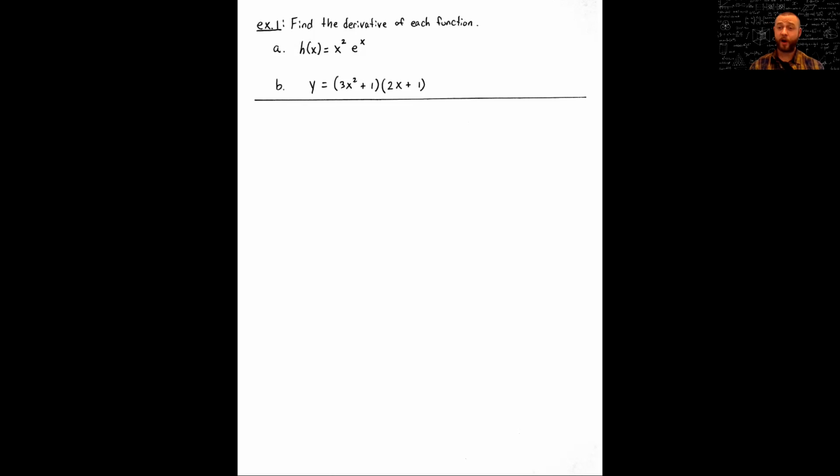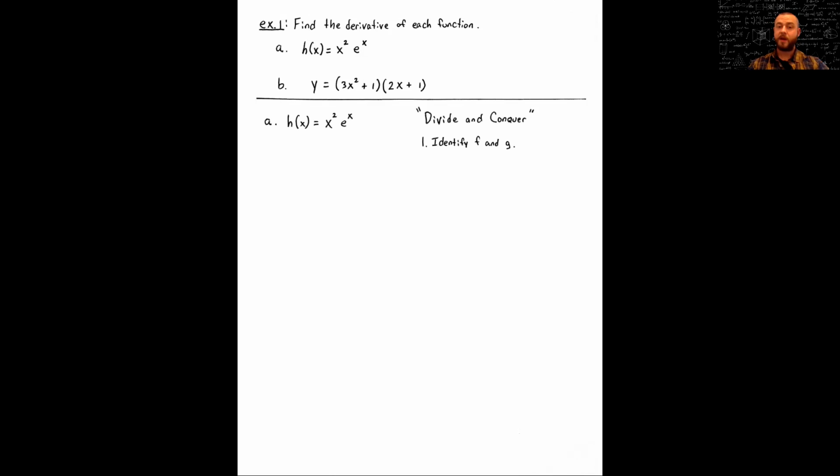Okay, so let's go through part A together. I want to go through one that's really simple and point out a very useful problem-solving technique in mathematics, or just in general. And it's what I call divide and conquer. Basically, this is a way to take any sort of problem.